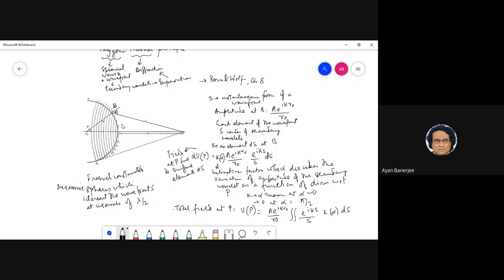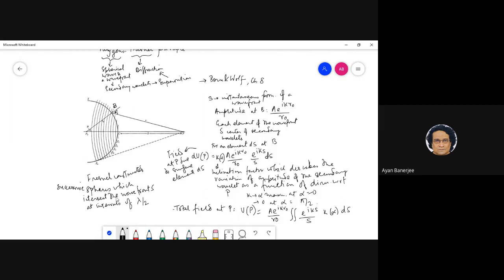He just constructs these zones. Why is that being done? B and R0 are both much larger than lambda. So he assumes that the variation of the inclination factor along the whole zone j is the same. He ascribes a single Kj for each j, and for each j you have an expression like this. If you know it for one j, you just add all the j's and find the total field.